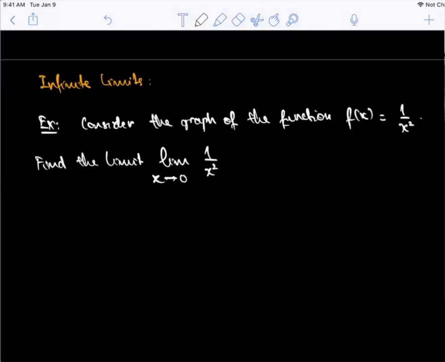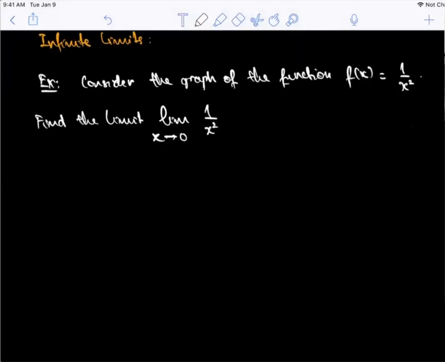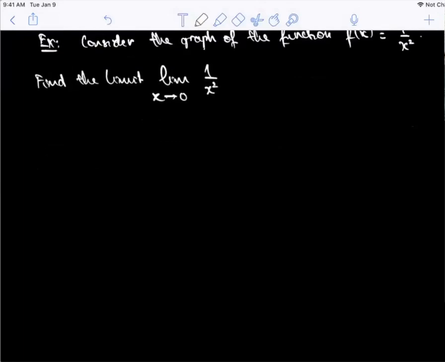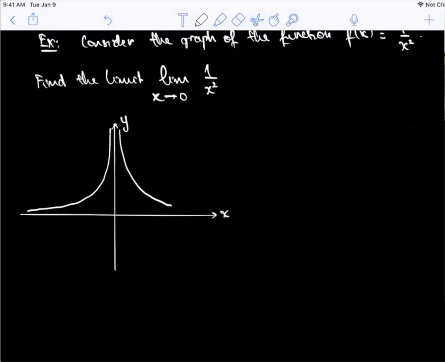Right, so you want to find this limit. And the graph of the function 1 over x squared is something like that. So that's the graph of the function 1 over x squared.